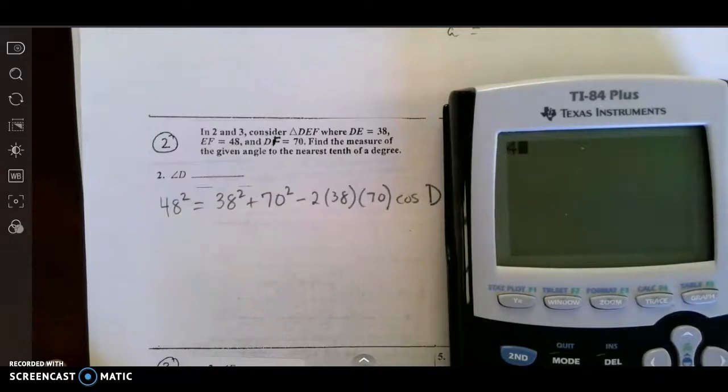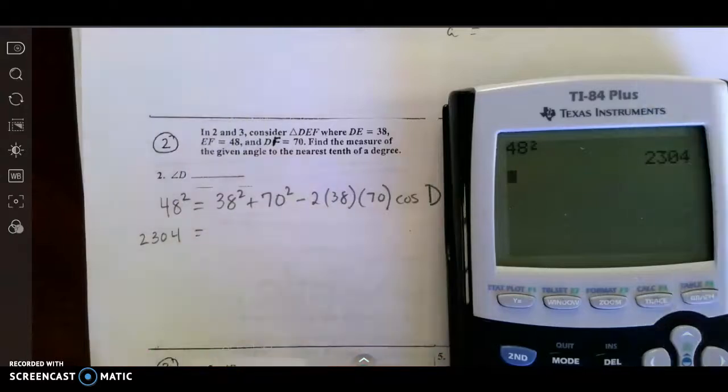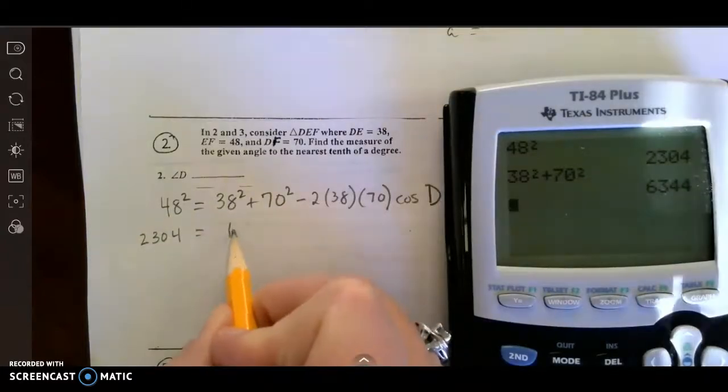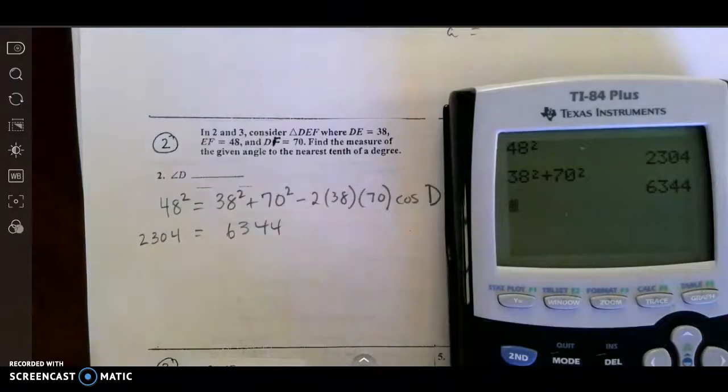So I'm going to do my 48 squared. So 2,304 equals, I'm going to do my 38 squared plus my 70 squared. And then minus, I'll do my 2 times 38 times 70.